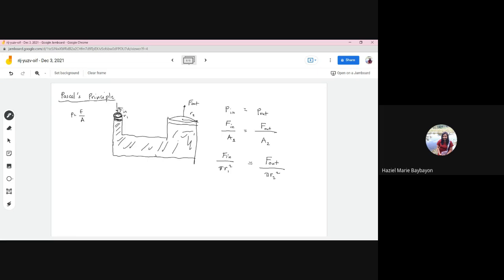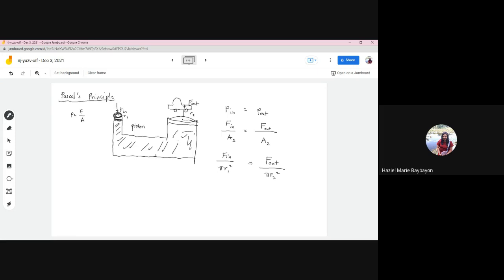For example, in this kind of system, we call this a piston. So with a small input force, you can actually lift a heavy object, say for example a car. Let's see how Pascal's principle works.